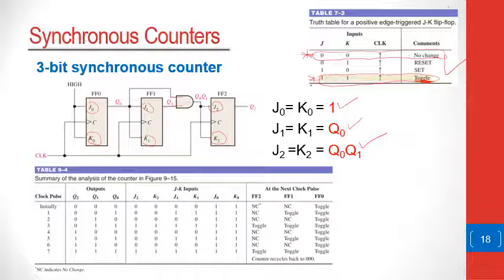Now, if we analyze the first row, let's look at the first row. Okay, let me use a different marker here.